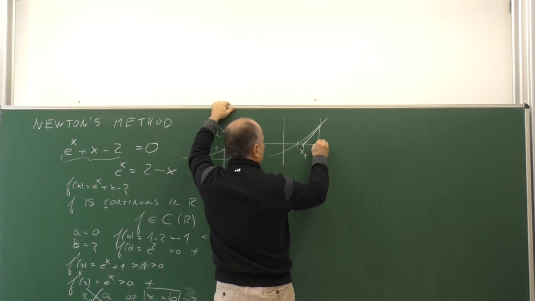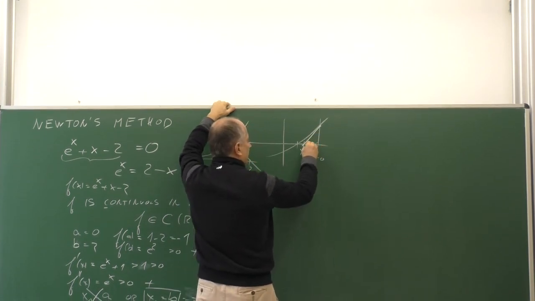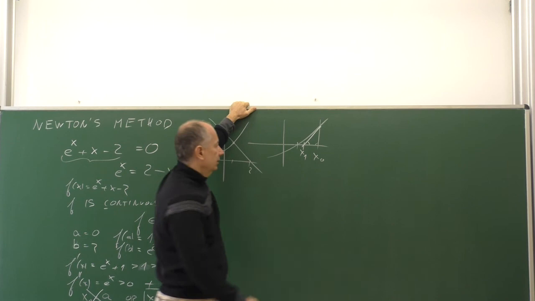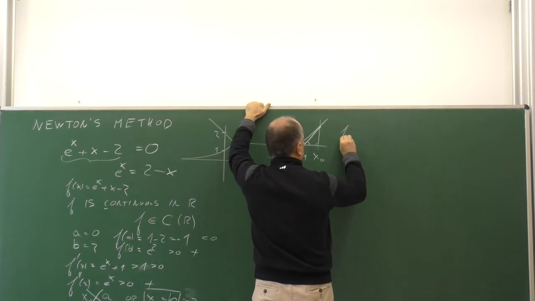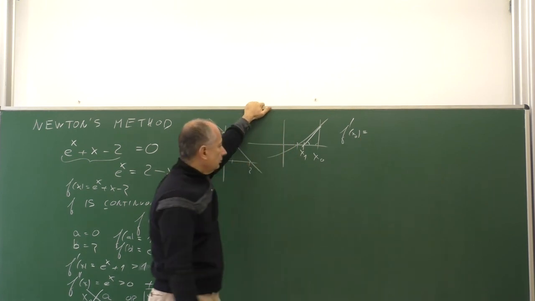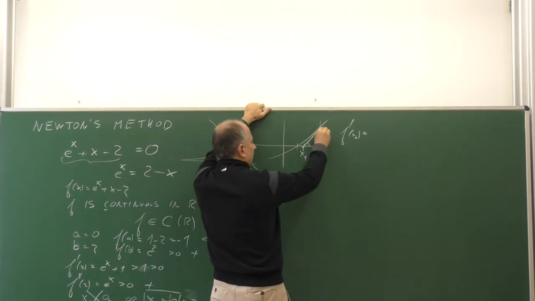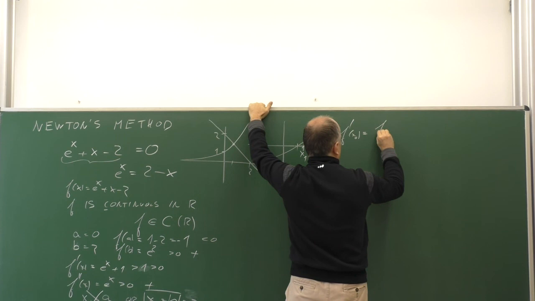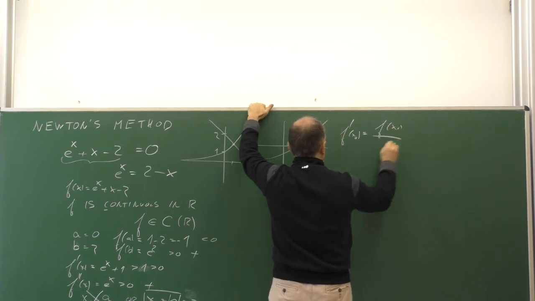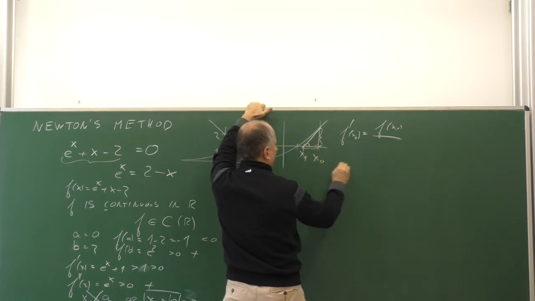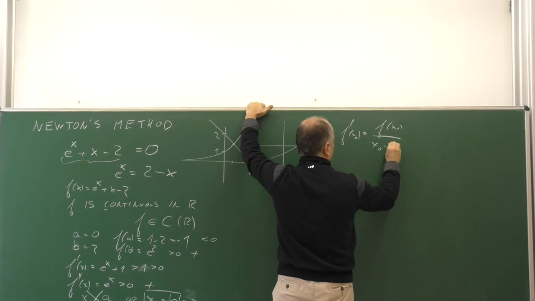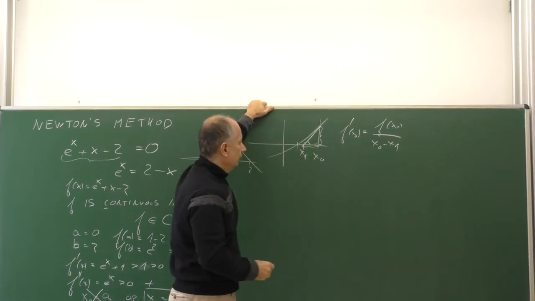And from this right triangle, we can express the tangent of this angle in two ways, either as the derivative or as the ratio of the function value denoted by the difference x0 minus x1.